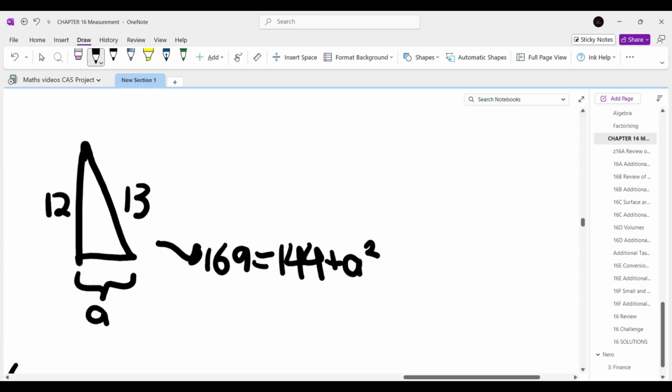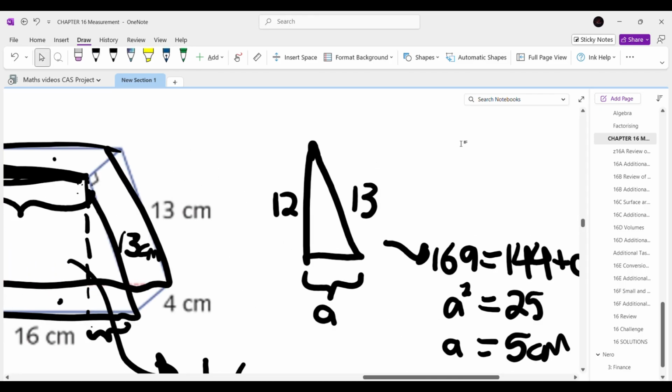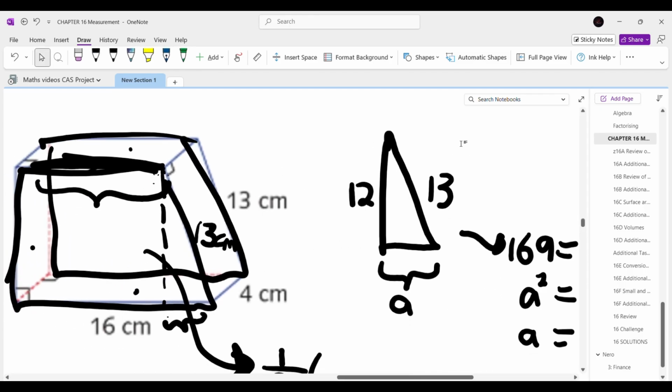So A squared equals 169 minus 144, which gives 25. So A equals 5 centimeters. Therefore, we take A off of the bottom length to get the top length here as 11 centimeters.